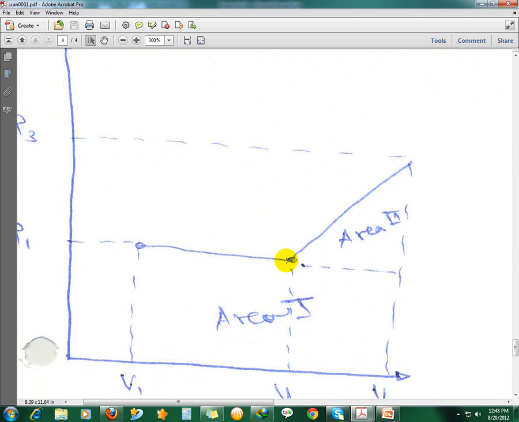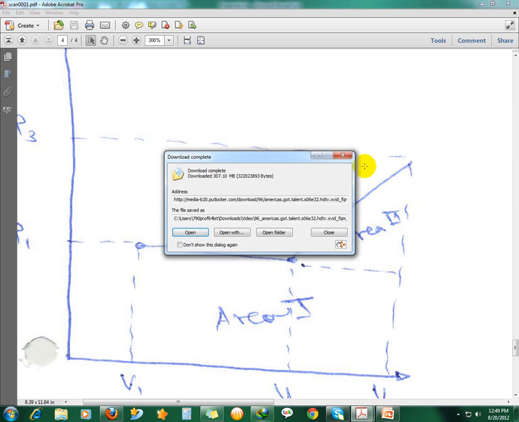From stage 1 up to stage 2, it's a constant pressure process. Then on a PV diagram, the process will be a horizontal line from stage 1 up to stage 2. After that, from stage 2 up to stage 3, there is a linear spring on the top of the piston, so we have an upward linear line because the spring is a linear spring.